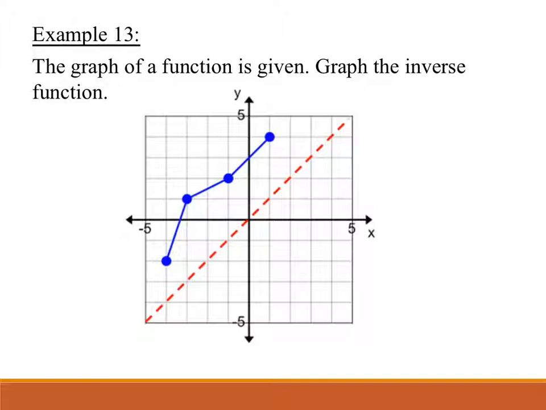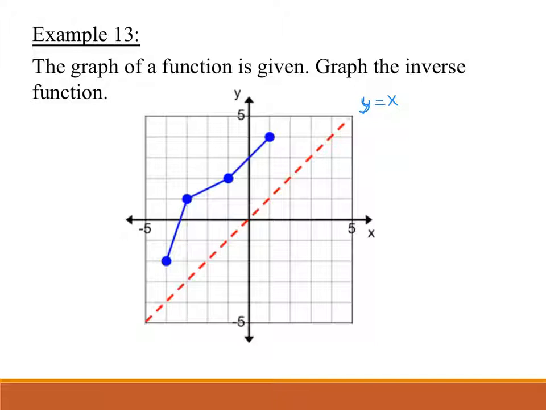Our final idea here is to notice something about the graph of the function and the inverse function. And we know that through the equation y equals x, a mirror image of the inverse function of the original function passes exactly through the line y is equal to x.